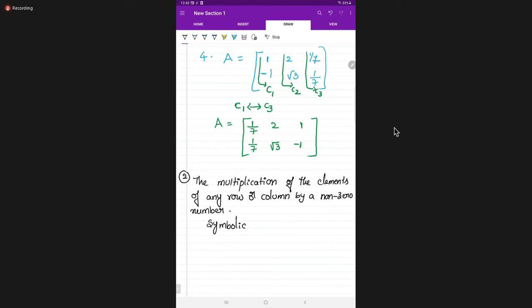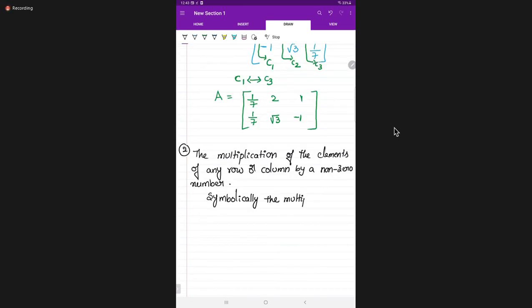Symbolically, multiplication of each element of the ith row by k is denoted by Ri tends to kRi, where k is not equal to 0. Non-zero number means not equal to 0.